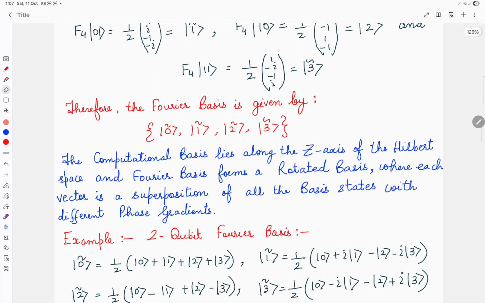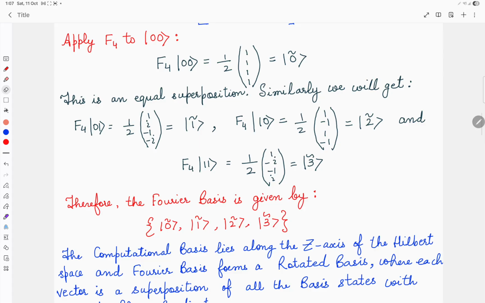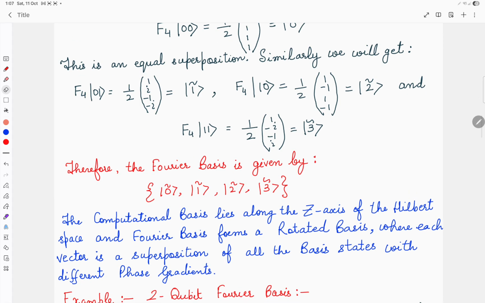Now the computational basis lies along the z-axis of the Hilbert space, and the Fourier basis forms a rotated basis where each vector is a superposition of all the basis states with different phase gradients. What is this equal to? When you multiply F4 with either 0 0, 0 1 or 1 0, we get a rotation of the state vector, right?